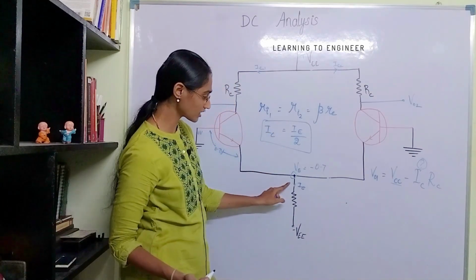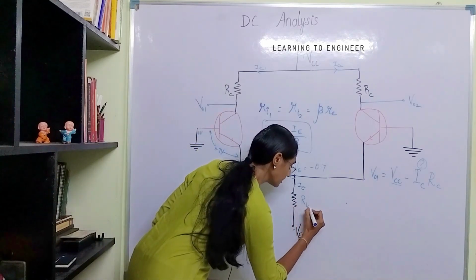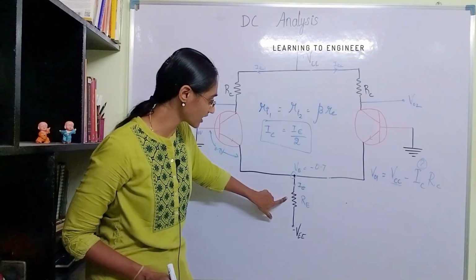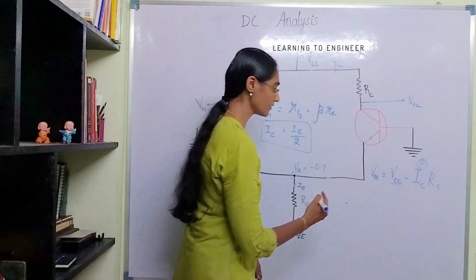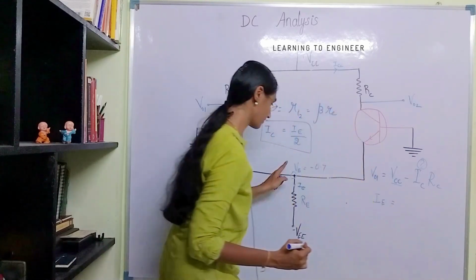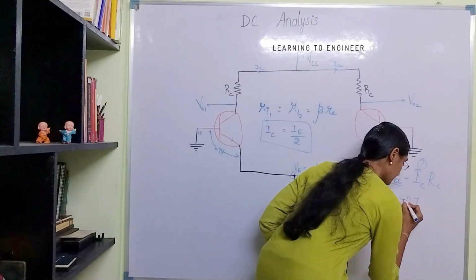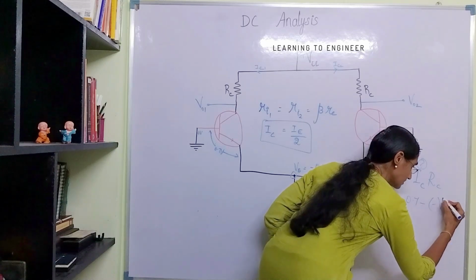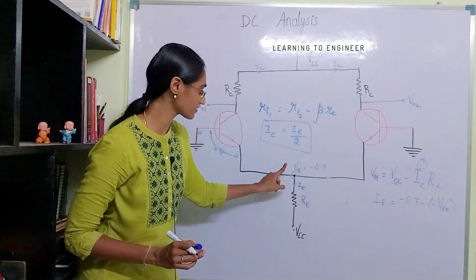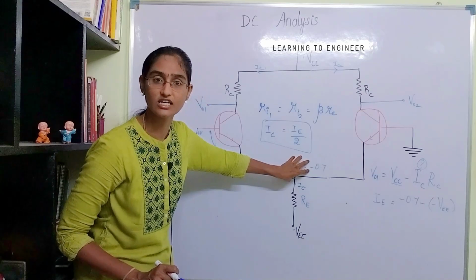Okay, so what is the emitter current? The voltage drop across the emitter resistor, this is RE. The voltage drop across this resistor divided by RE will give me the current IE, right? What is IE? IE is equal to VE, which is minus 0.7, minus VEE, because the current direction is from VE to minus VEE, so we are presuming that this is the higher voltage.